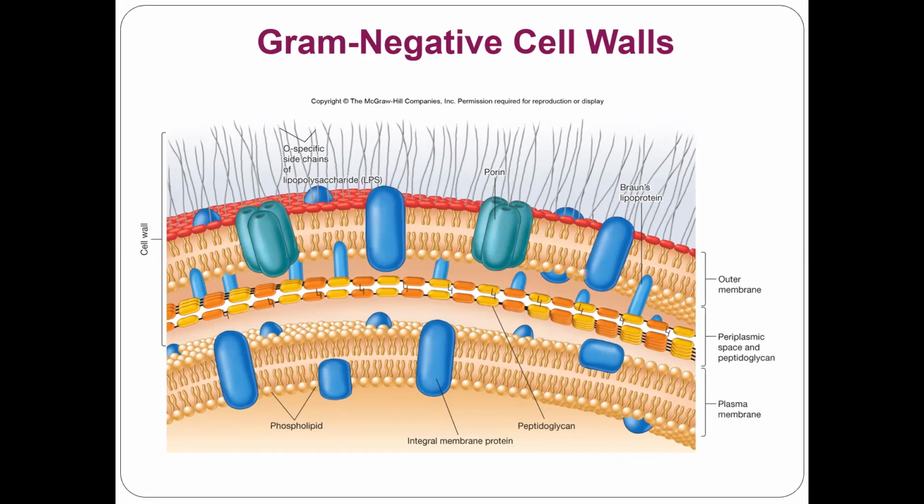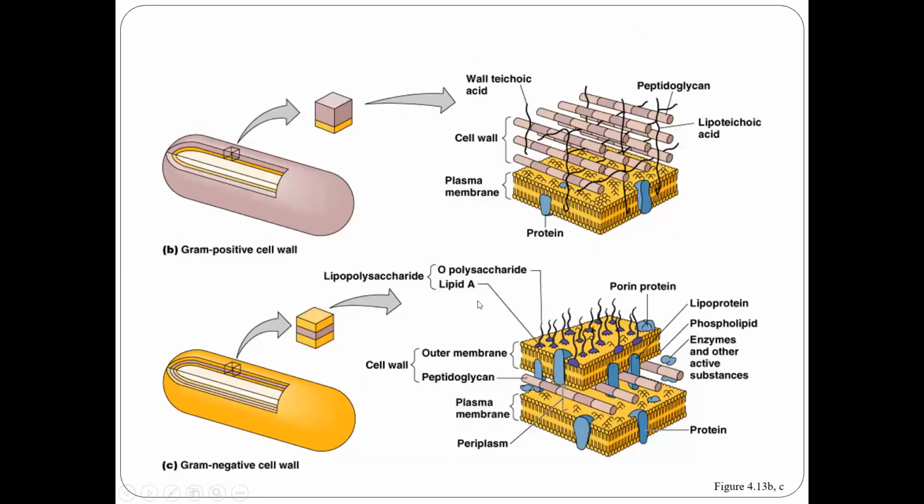So after alcohol decoloration, they become plain, no color there. So you counterstain them with safranin, so safranin shows pink color. Okay, so that's LPS. Here, you can also see the difference between gram-positive and gram-negative cells.